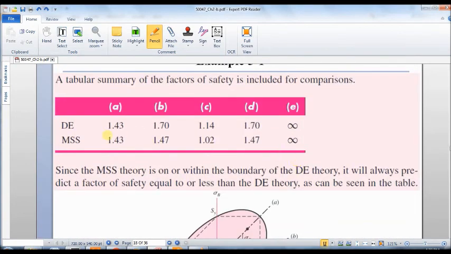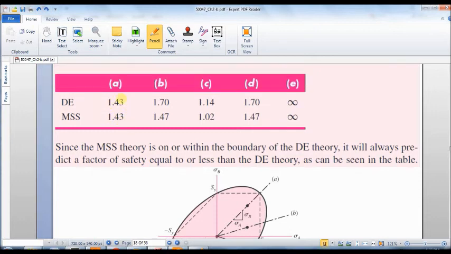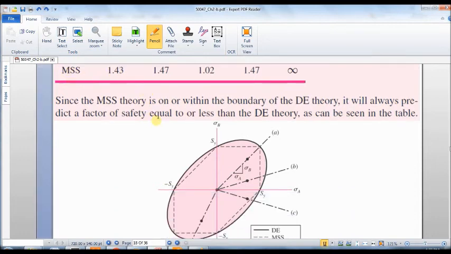Now if we compare these five states of stress for which we found the safety factor by using these two theories, you can see that the safety factor for the first state of stress by using these two theories is equal. What is the reason?